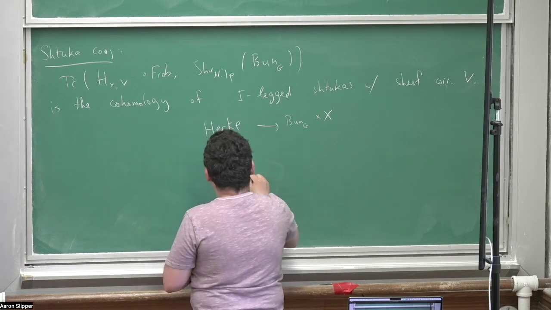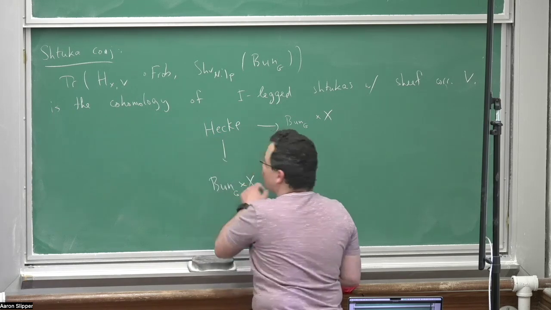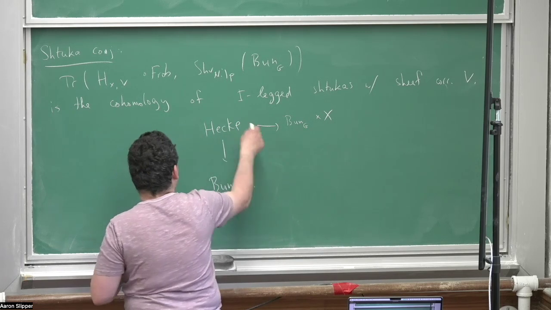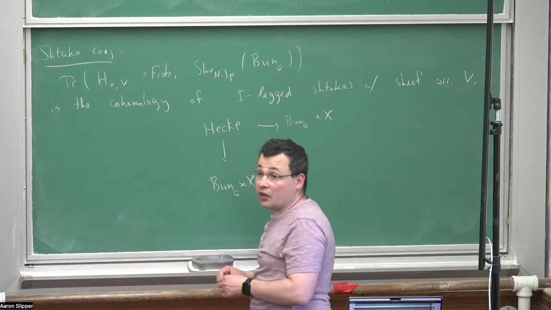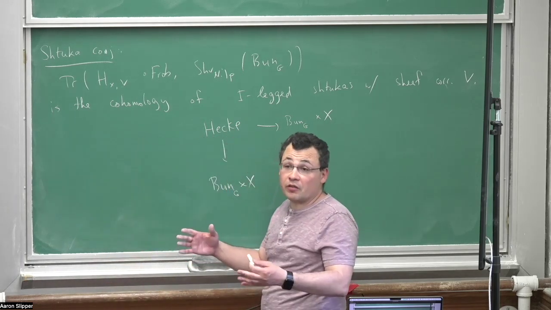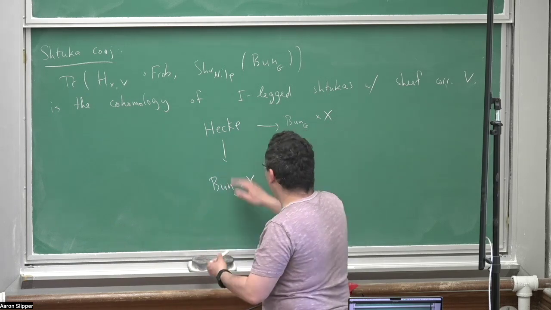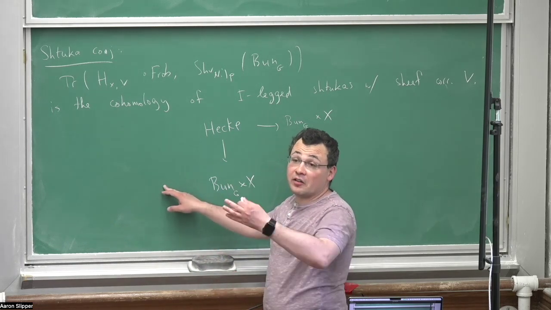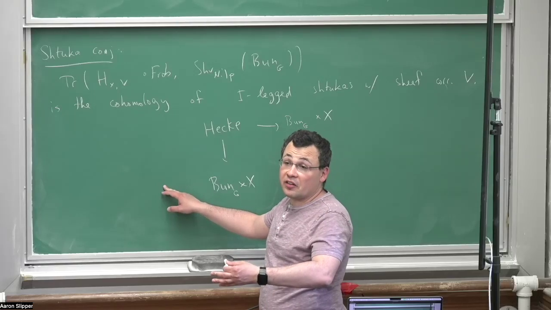Bun G times X. I have this correspondence. I want to compute the trace. So how do I compute the trace of something given by a push-pull correspondence? Well, I pull back along, I intersect it with the diagonal, but I have to take the composite of this with Frobenius.